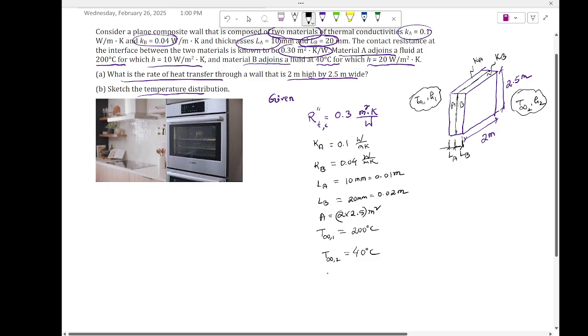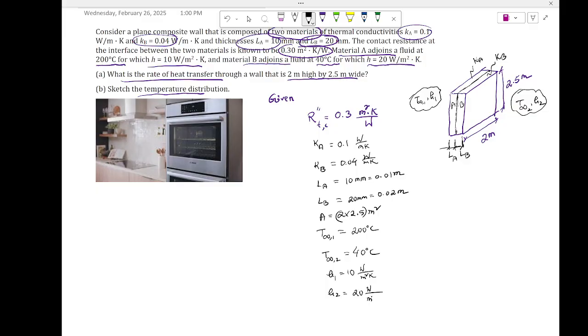What else? They gave you h1 as 10 watts per meter squared Kelvin, and h2 as 20 watts per meter squared Kelvin. And then the second part: draw the temperature distribution. Before I go on, let me give you some time to write it down.